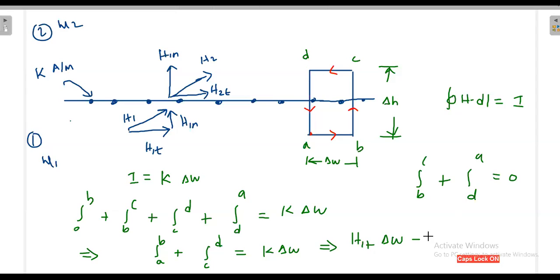That's why the minus sign is there. So H2t del w, and that equals K del w. From this equation, you cancel out del w because it is present in all the terms.